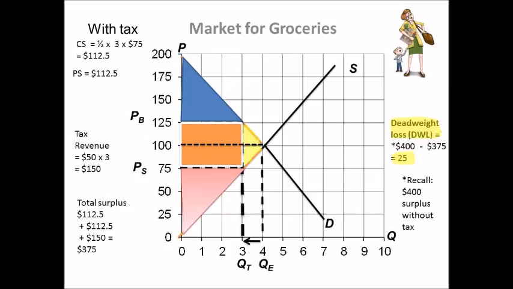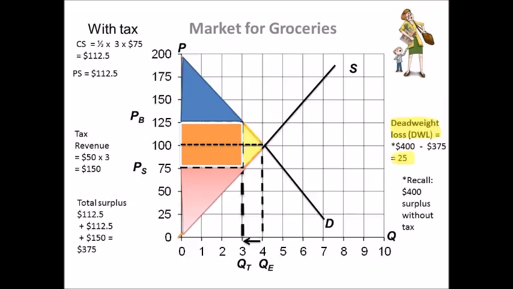Then we compute the tax revenue. The tax imposed for both the buyer and sellers is $50. The orange shaded area, or what we call the tax wedge, we multiply this 50 by 3, that quantity, and we get $150. Now we add everything, consumer surplus, producer surplus, and tax revenue, where we get $375. Now, there's this concept of deadweight loss.